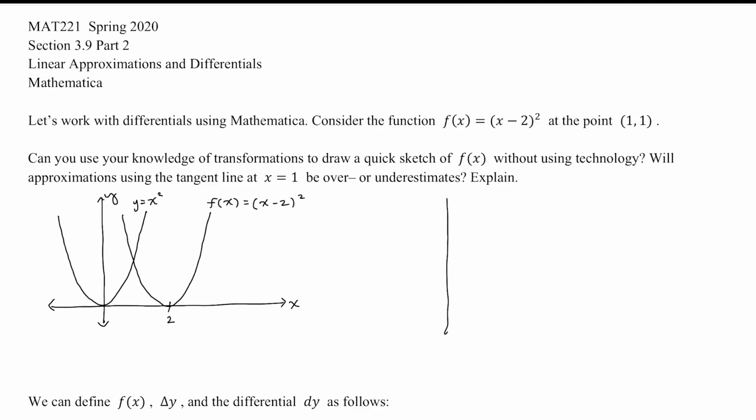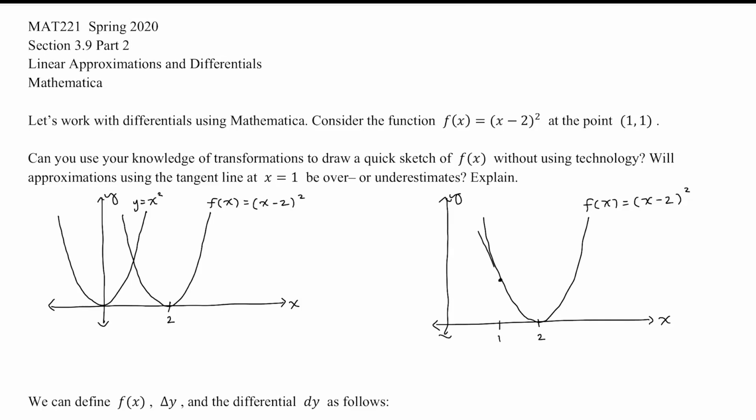And it says, will approximations using the tangent line at x equals 1 be over or under estimates, and how can we tell? So now let's just look at our graph of f of x. Let's say this is x equals 2, and here's our parabola. Sorry, my dog is chewing on her bone. I hope that's not too distracting.